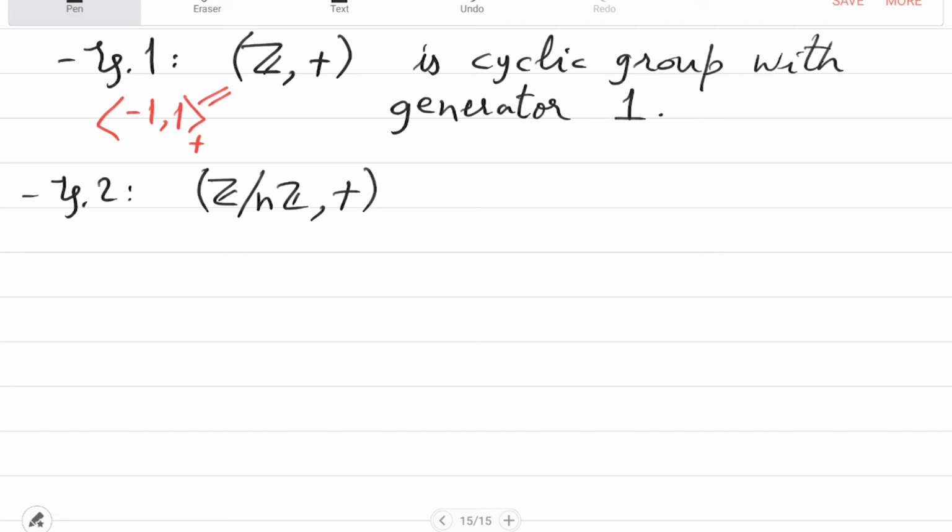Again, this is generated by 1. Here you just use 1, and you don't even need -1 because you just keep adding 1, you will reach n, and that is 0. After that you will loop back to 1, right? So that's the modular arithmetic.